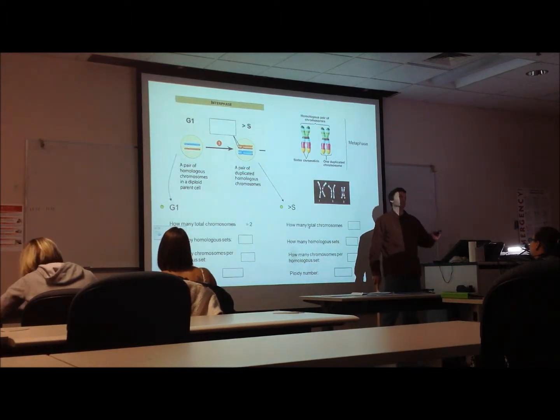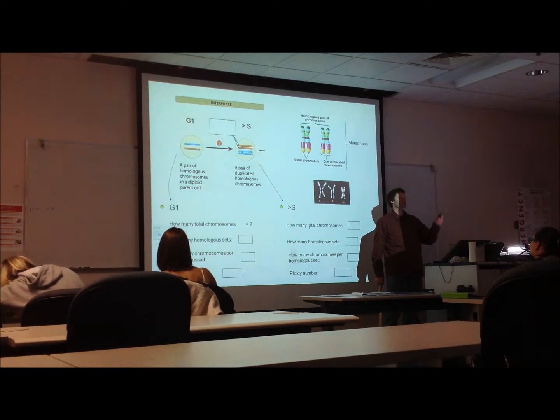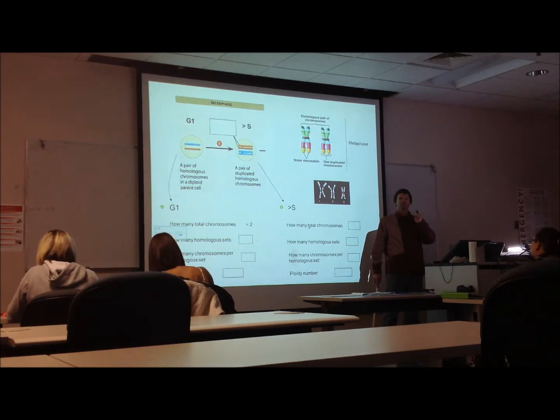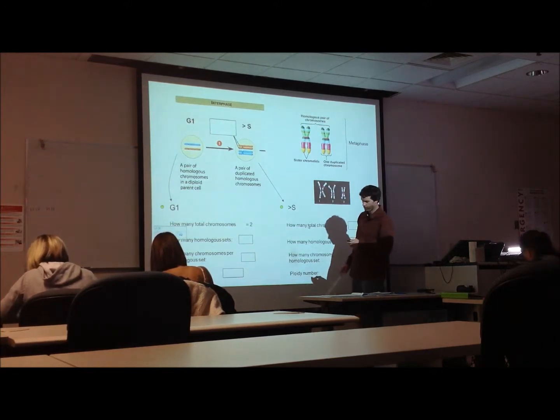One's from the mom, one's from the dad. What about the genetic material? Timothy? They are like opposite of each other. Like one's for blue eyes, the other is for the not blue eyes. Alternate versions. On the right track? Alternative versions of the same gene. So there's 1 homologous set there.